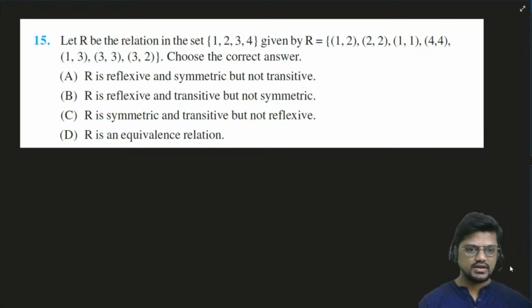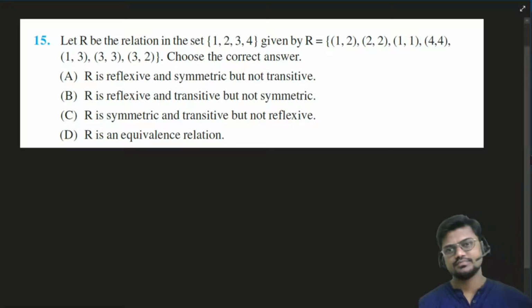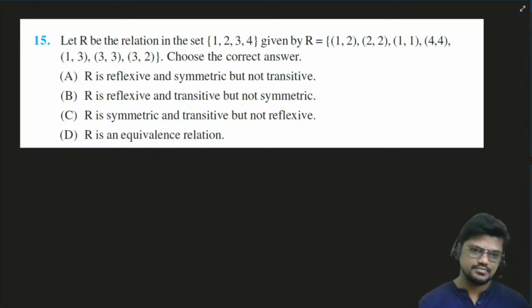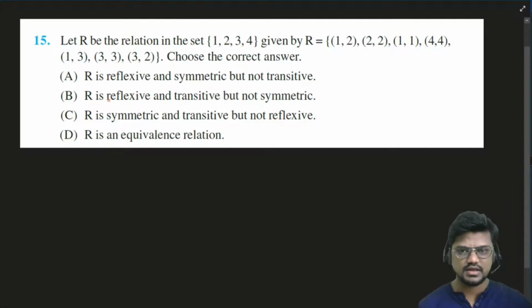Yes, guys, can you identify? Nisha Lohar is saying option B. Okay. And Sneha is also saying option B. Okay. Fine. Guys, your answer is right. It is reflexive, transitive, but not symmetric.